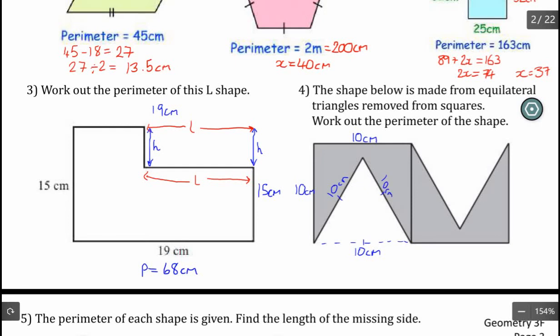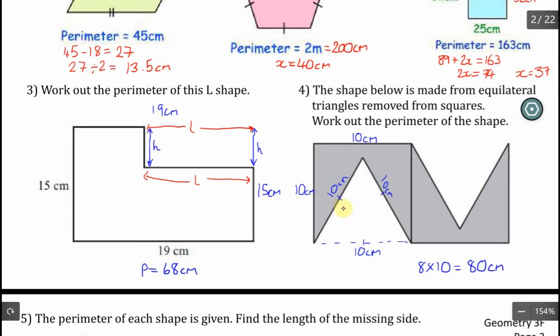So the perimeter here is 10 plus 10 plus 10 plus 10, however many sides we have. So we've got 1, 2, 3, 4, 5, 6, 7, 8. So 8 lots of 10 are 80 centimeters.